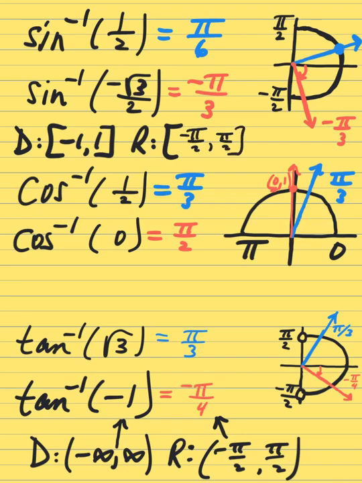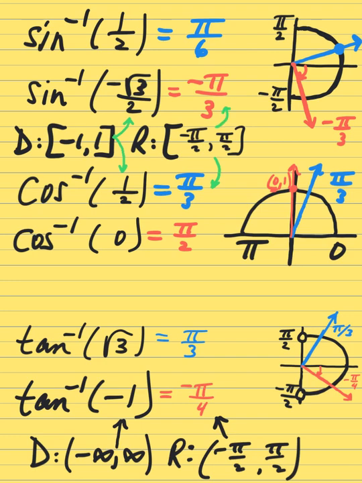Let's think about what that means. The domain only covers, I'm going to highlight it, the numbers that can appear in the original problem. The range gives you the interval of answers that you can report.